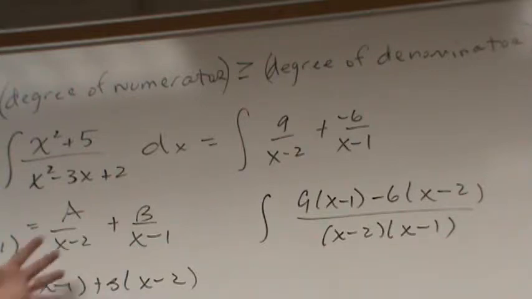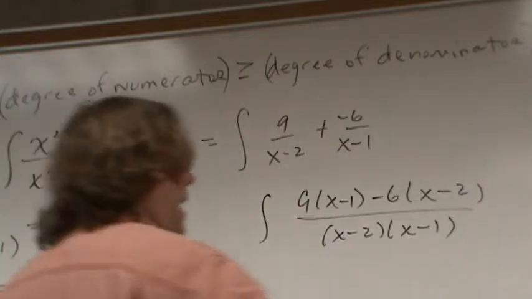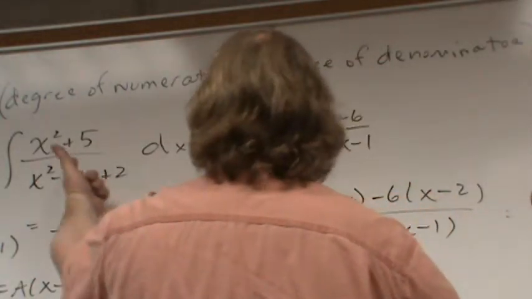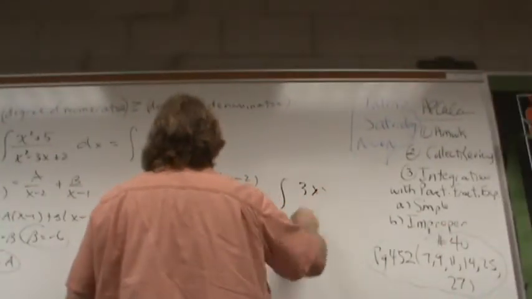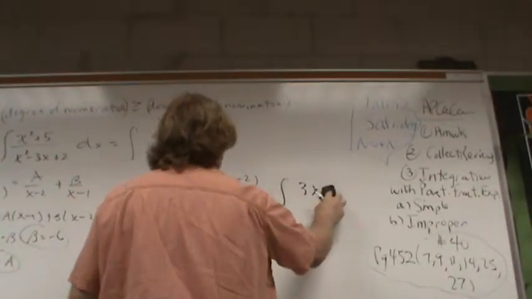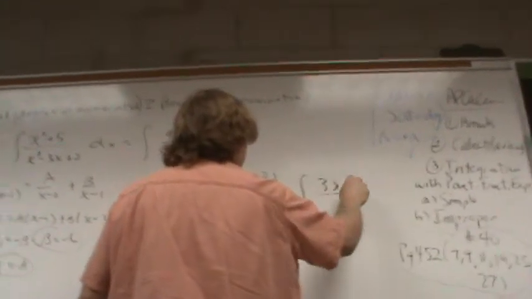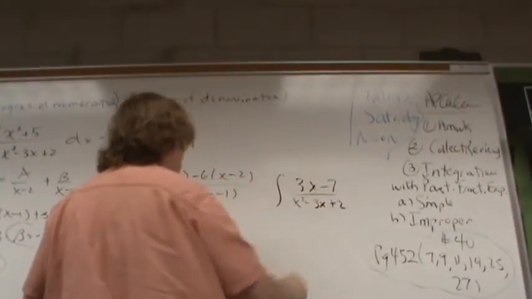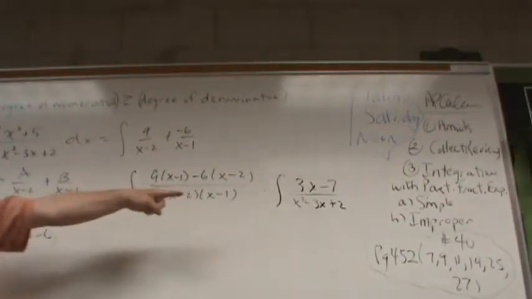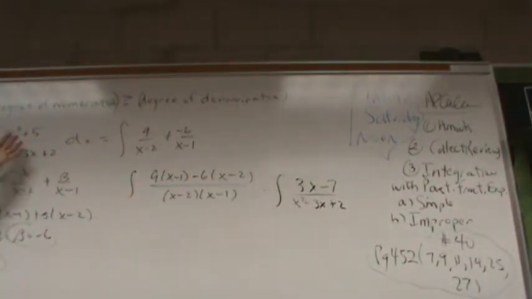Look, I went through the whole process, I did it totally right, and I'm getting something that isn't that. I'm getting 9x minus 9 plus 2, that is, 3x minus 7 over x squared minus 3x plus 2. And I'm going, wait, that's not the same as this.